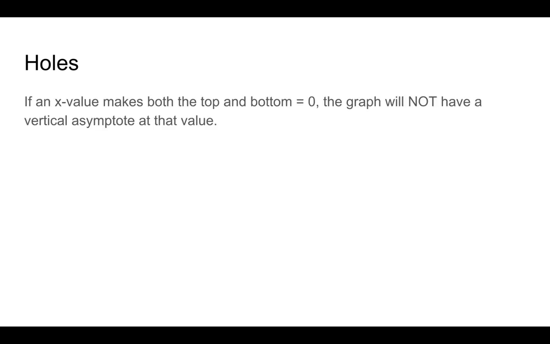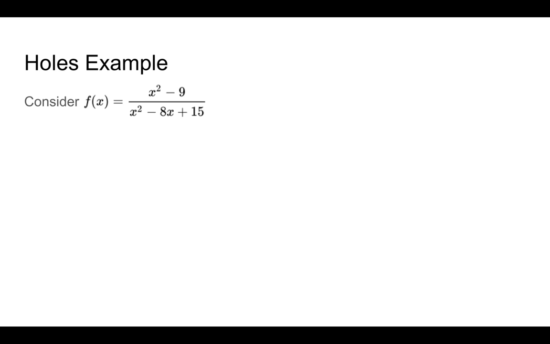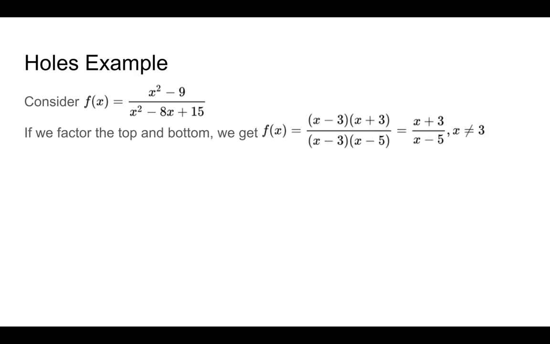Okay, the last thing we have to talk about for rational functions is holes. If you have a number that makes both the top and bottom 0, you don't get a vertical asymptote there. You get a hole instead. So anytime we have one of these rational functions, the first thing we want to do is factor everything.